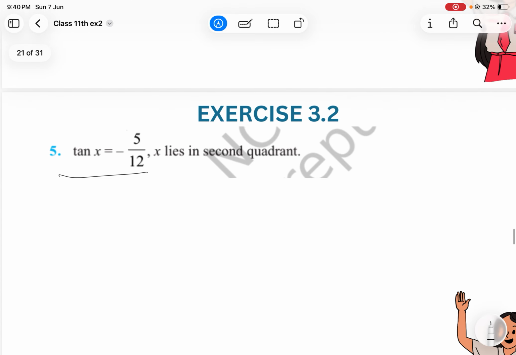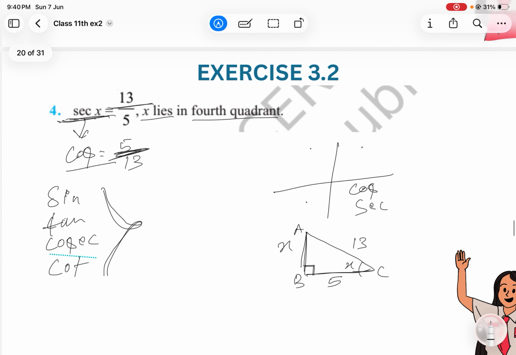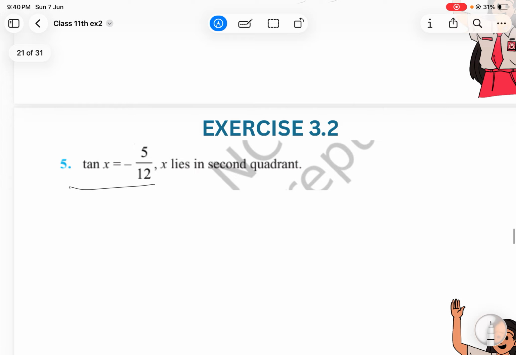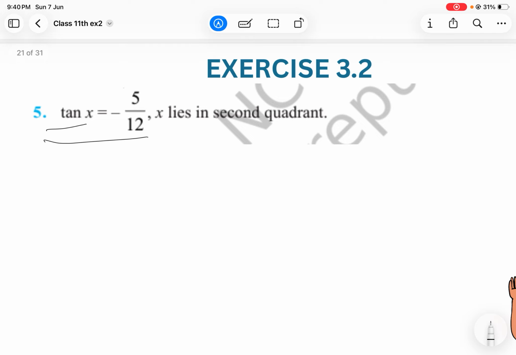Question 5, same. And in this only sec and cos will be positive. Only these two values will be positive, and all the others will be negative, okay? So the fifth one is also like that, tan x is negative, and x lies in the second quadrant. So this is first, this is second.